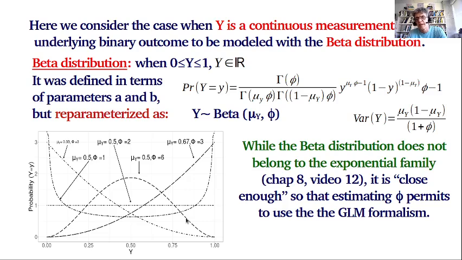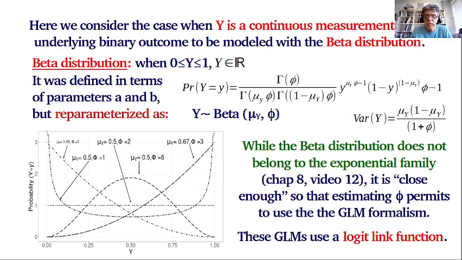Please see the chapter and the videos shown on the screen. But it is close enough such that when we estimate the dispersion parameter phi by means other than maximum likelihood, this allows us to use the formalism of GLM. These GLMs use a log-link function.